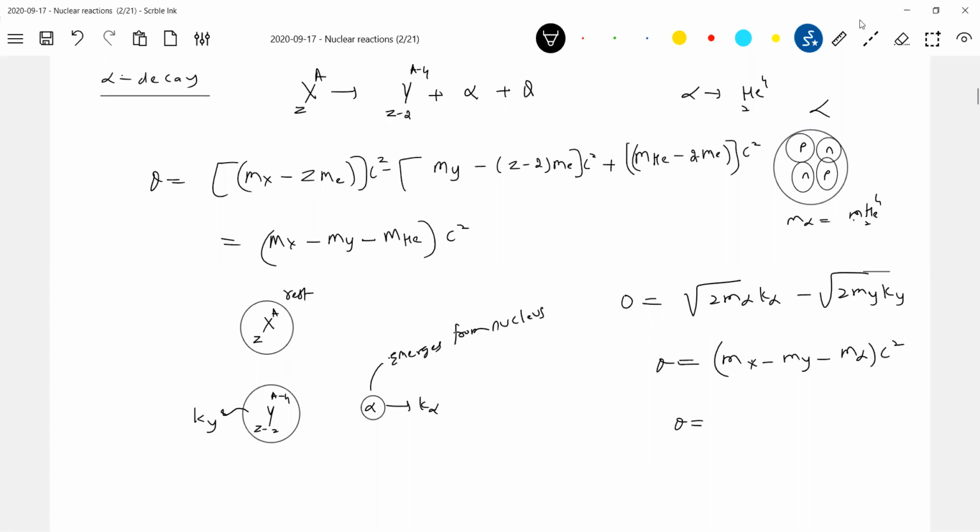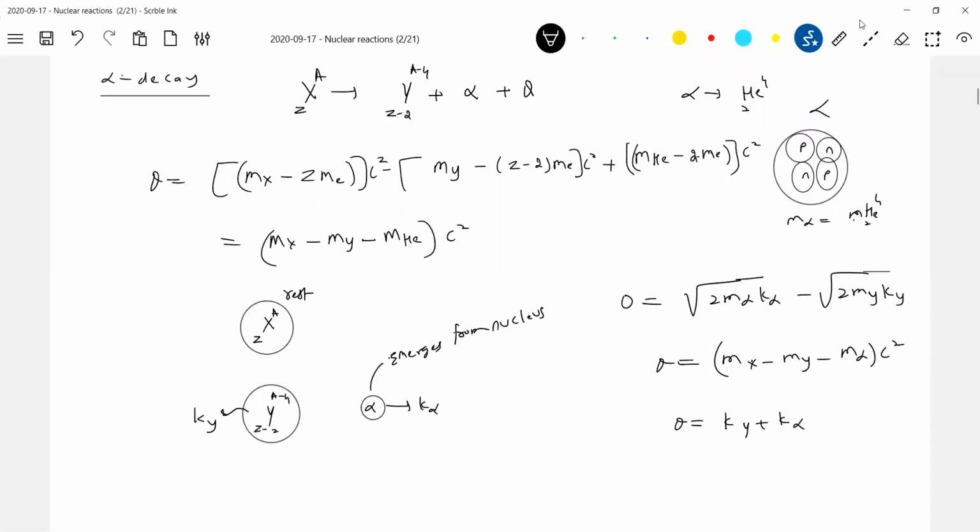Q should be equal to Ky plus K alpha. I'll give the masses of the parent, daughter and alpha particle, substitute, and get Q. Then Ky and K alpha are two unknowns. Solving these two, we get the required answer.